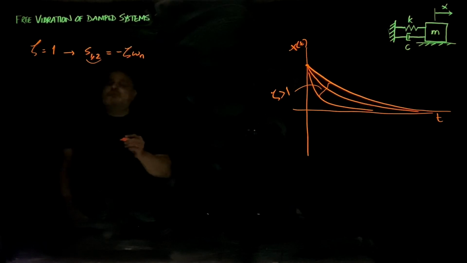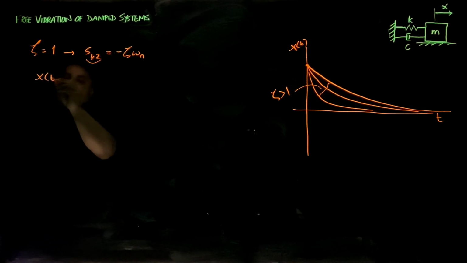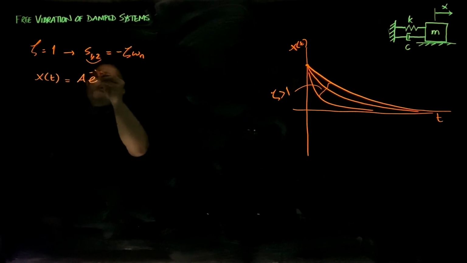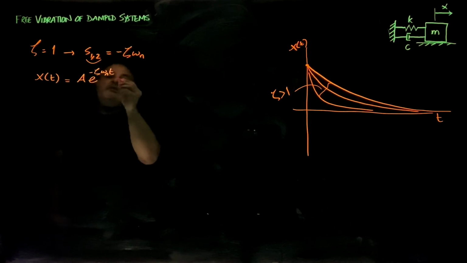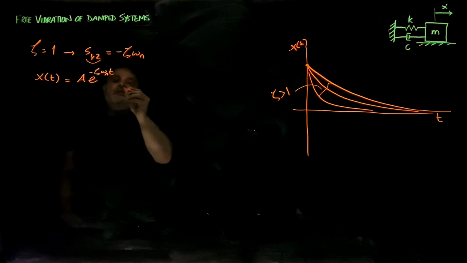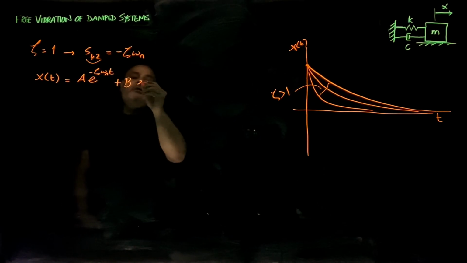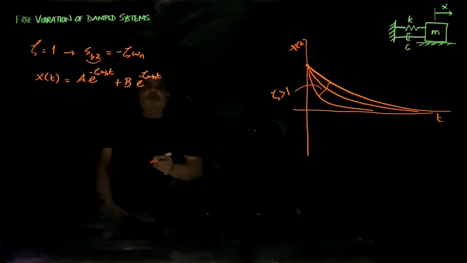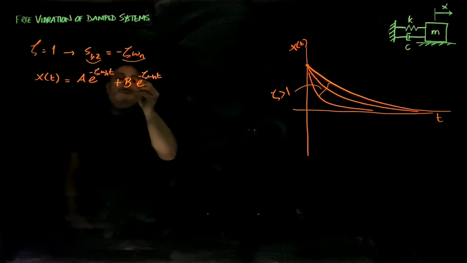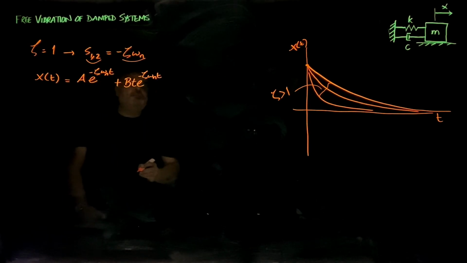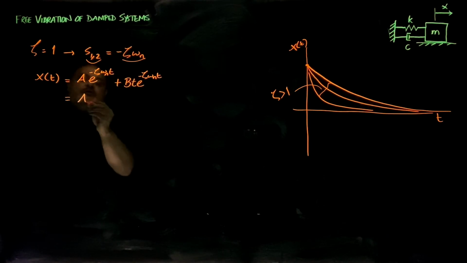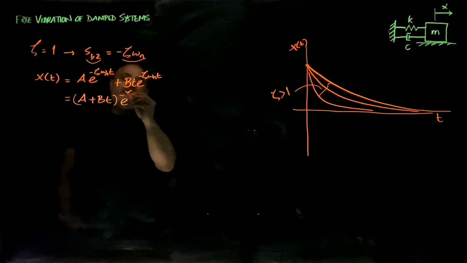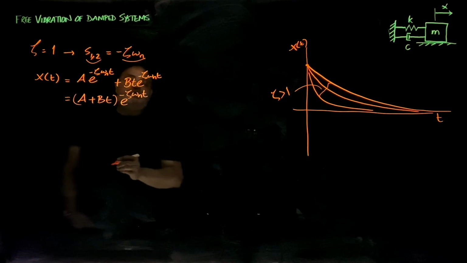In this case, x of t will be some amplitude a times e to the power negative zeta omega n t, this is the first root, plus b times e to the power negative zeta omega n t. But because we have a double root, I will have to multiply this by t. I can simplify it as a plus b t, times e to the power negative zeta omega n t.